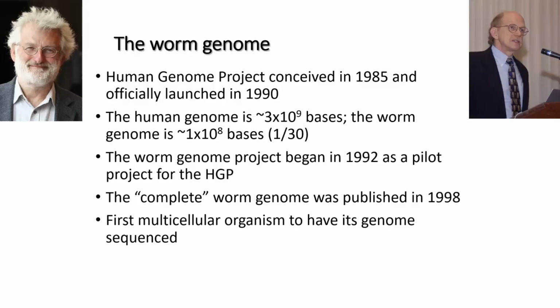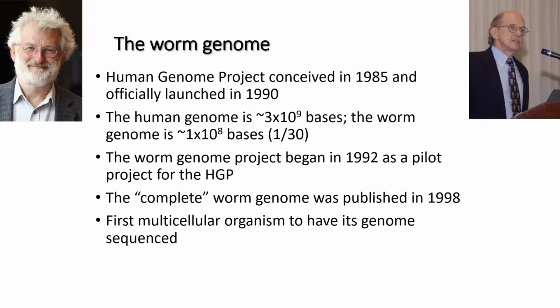So shortly after the Human Genome Project was conceived, again, John Sulston, and this is Bob Waterston, talked the NIH powers that be into funding the Worm Genome Project. It's sort of a pilot project for the human genome.